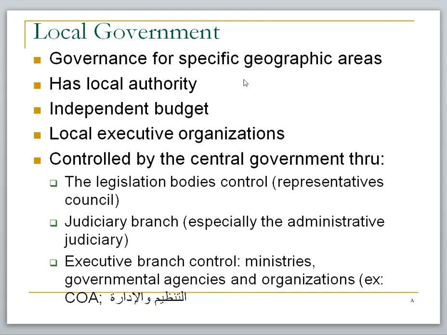Local geographic areas have local authorities. They have independent budget, they have local executive organizations, and they have control by such central organizations and government. مفروض ان هم they have legislative or legislation bodies control, but this is not in Egypt actually.